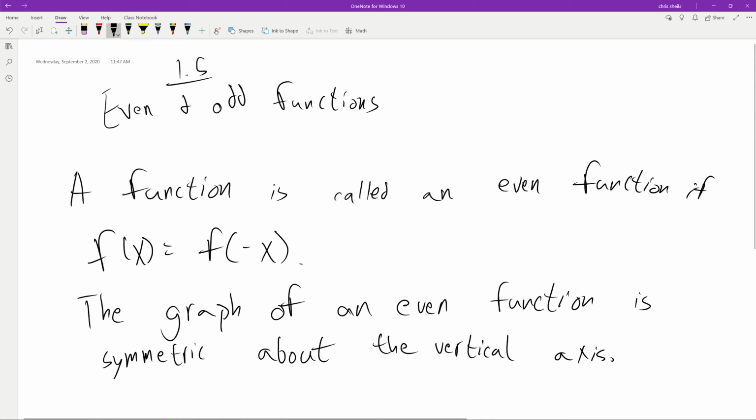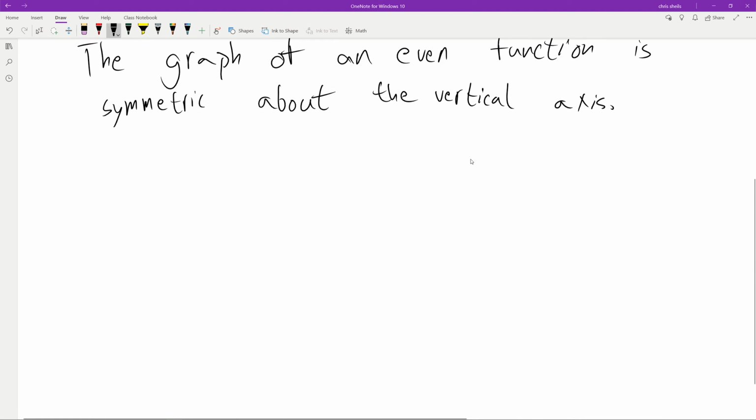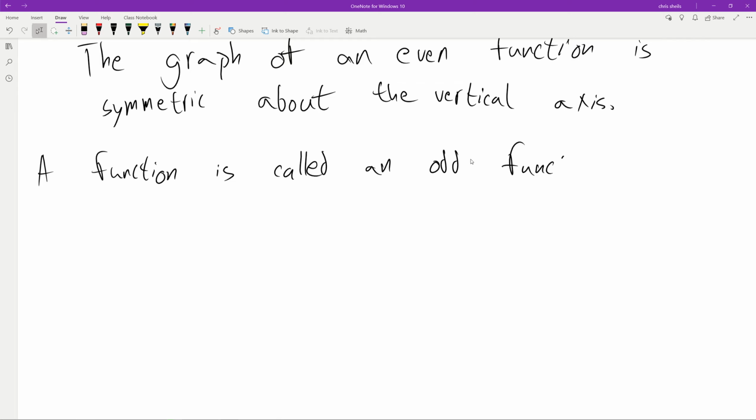We also have odd functions. A function is called an odd function if f of negative x is equal to negative f of x.